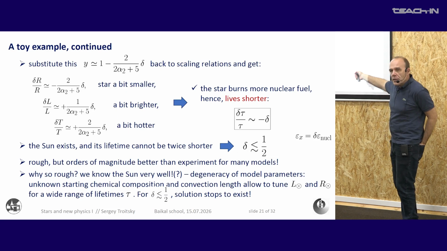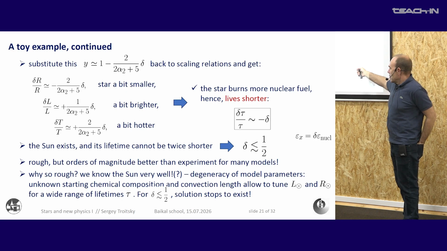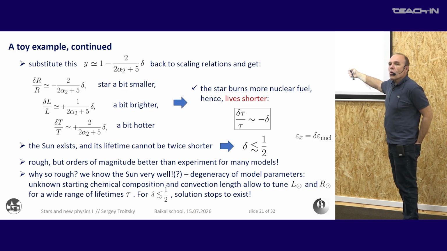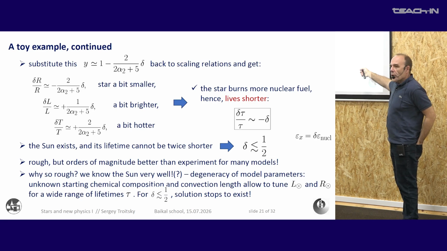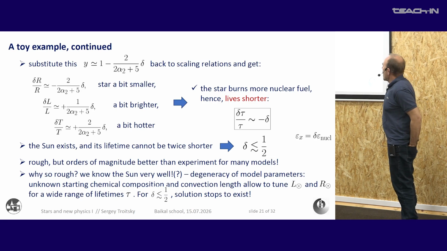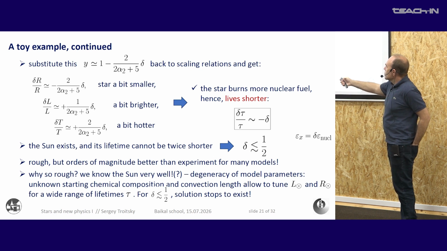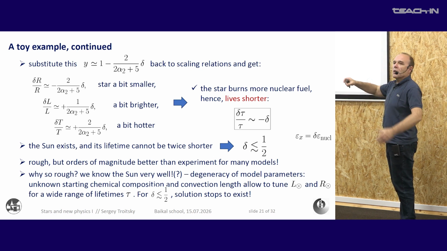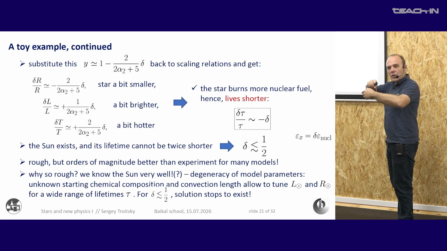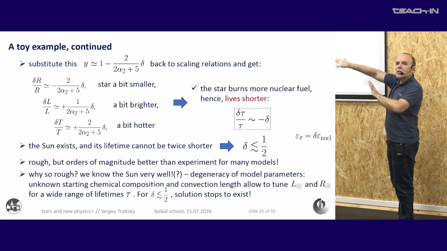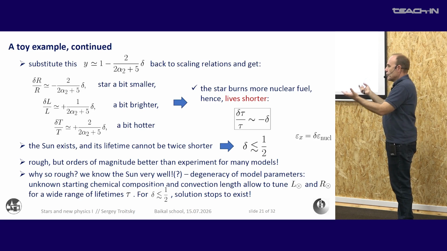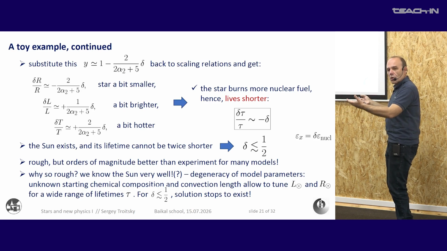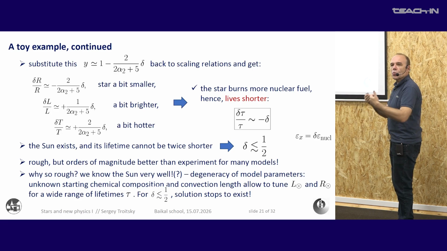And at this point, I temporarily allow the star to live, to develop, to evolve, and consider changing of this. These were stationary equations, so describing a star at a particular moment of time. What changes with time?